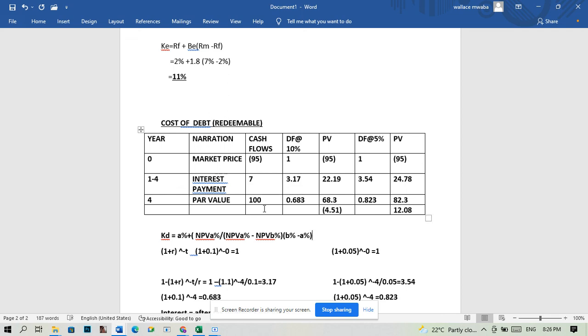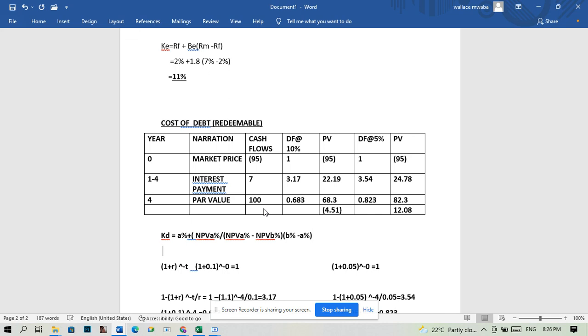So A% is 5%, and the net present value found with the lower rate is 12.08, divided by 12.08 minus negative 4.51.